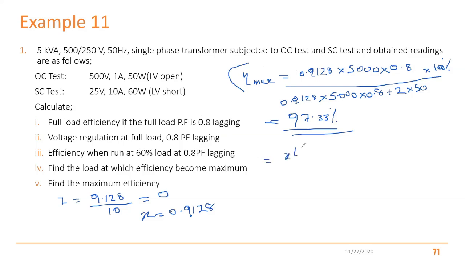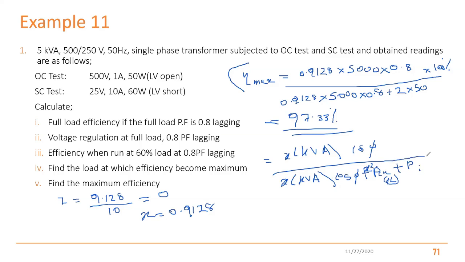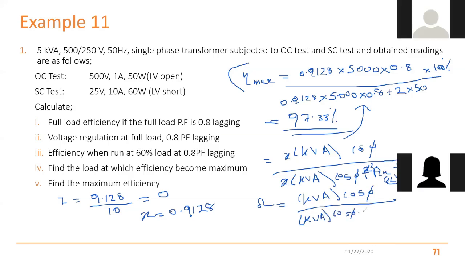This is not the generalized equation. The generalized equation for full load is kVA cos phi divided by kVA cos phi plus iron loss plus copper loss at full load.